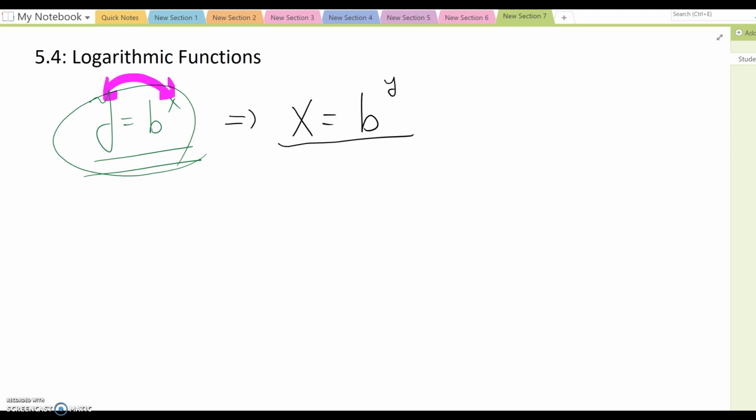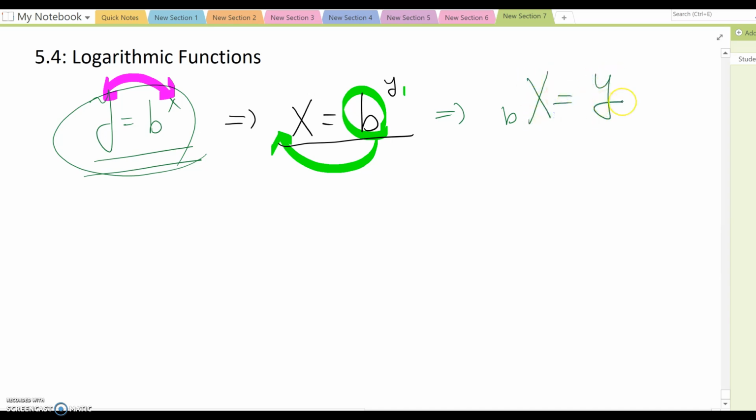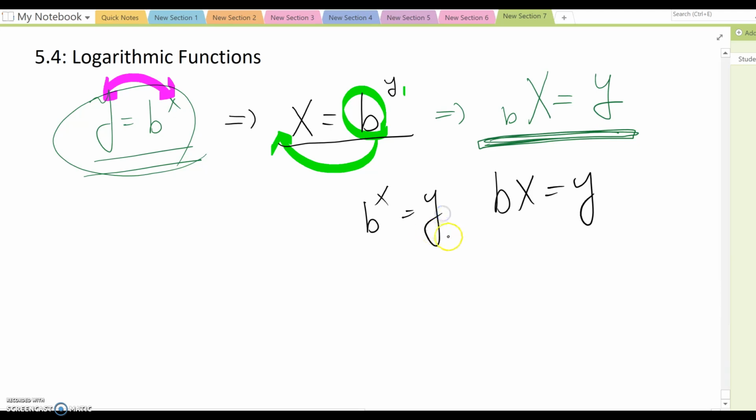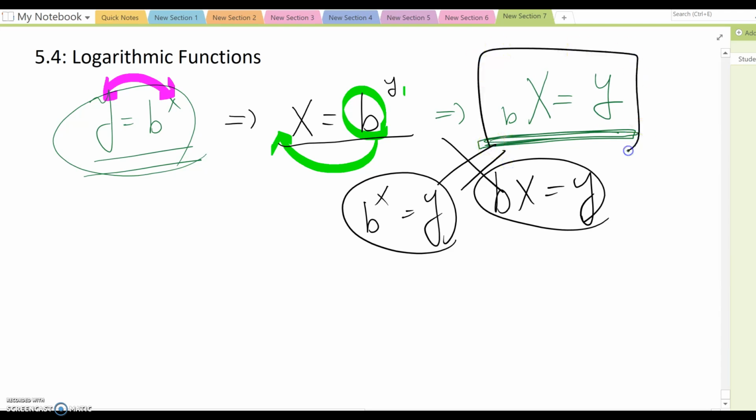So step 1, you move the base to the other side here. Then this is going to be b to the x equals y so far. So that is the first form of the inverse function of the exponential function. However, this notation gets really confusing, because some people just write b to the x equals y, or b to the x equals y, and they look the same and are not the same as this notation.